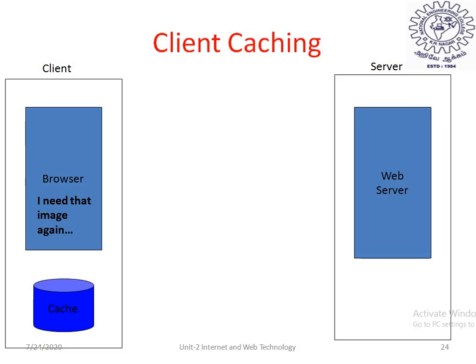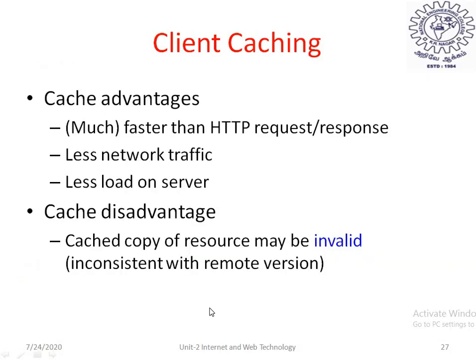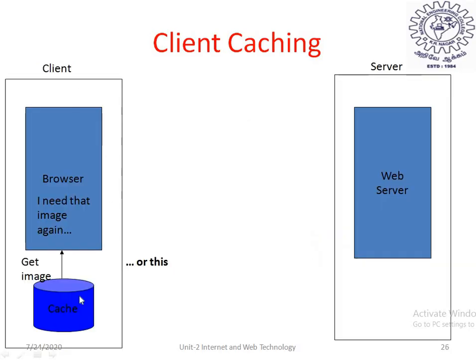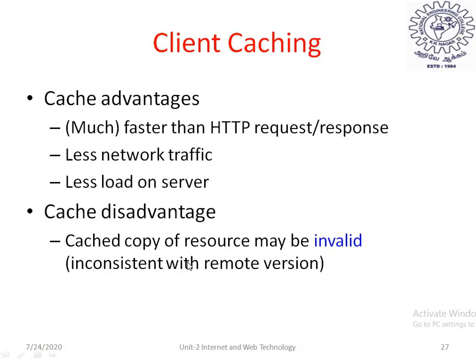For that purpose we use a cache, is a local copy. So if I need that image again, I need not give request to HTTP server. Instead I can get the information from the cache itself. See here, get image from the local copy itself.